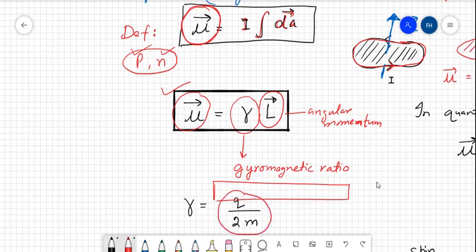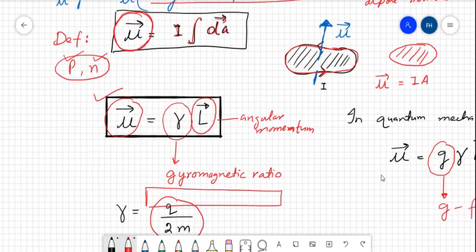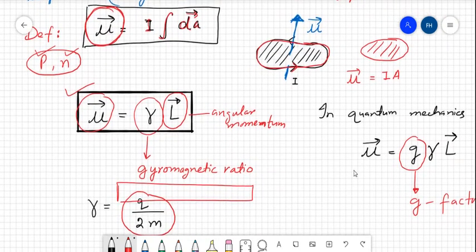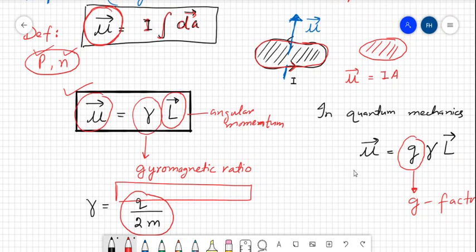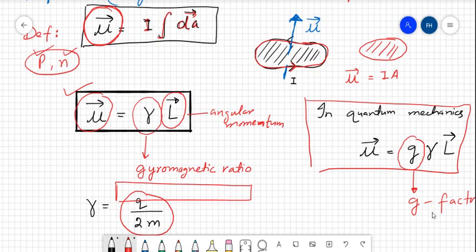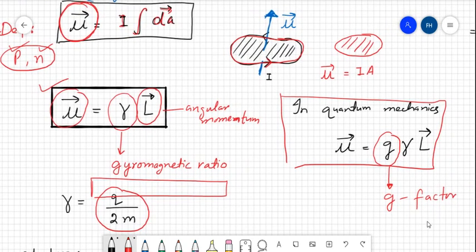So this is the classical equation, but if we want to extend it to the quantum realm, we simply multiply by an extra factor, g. In quantum mechanics we have the equation mu equals g times gamma times L, where this new factor is the g factor.